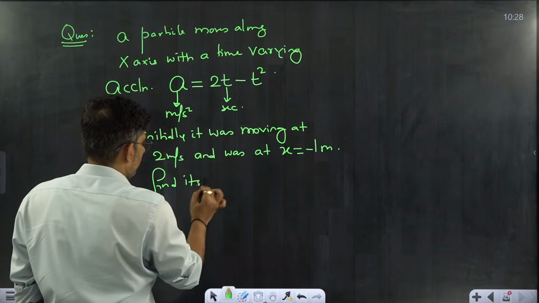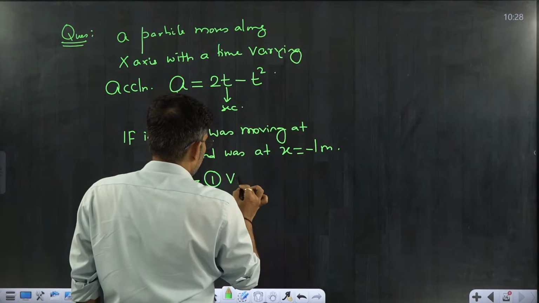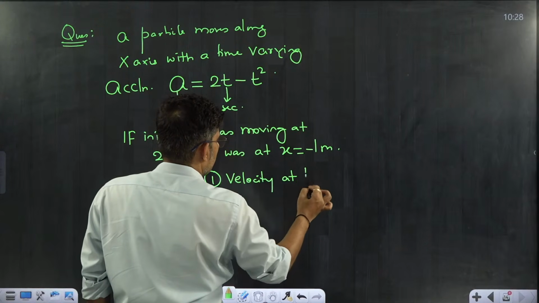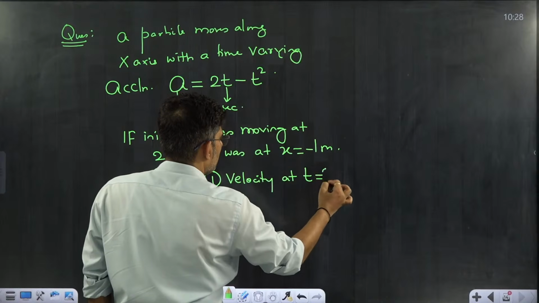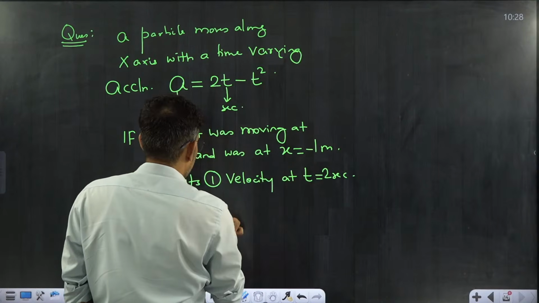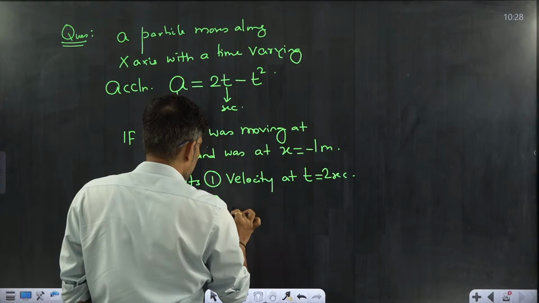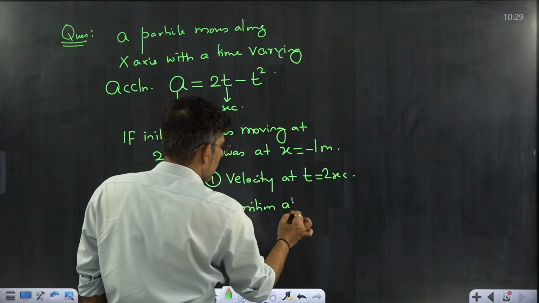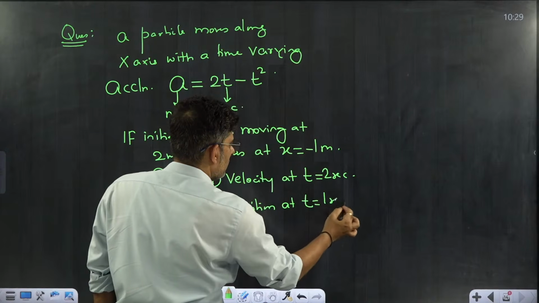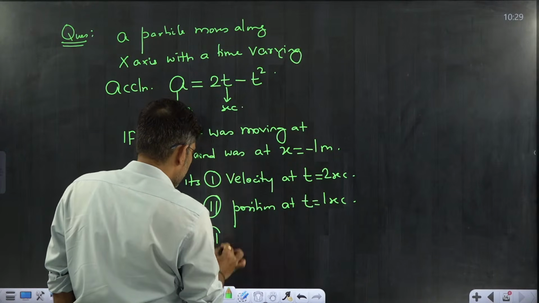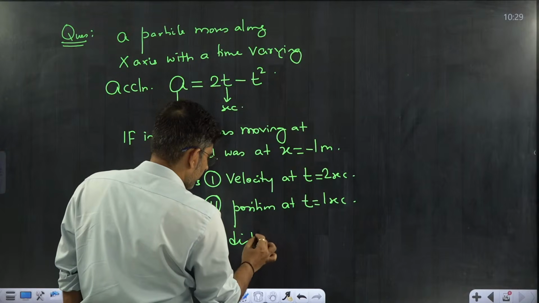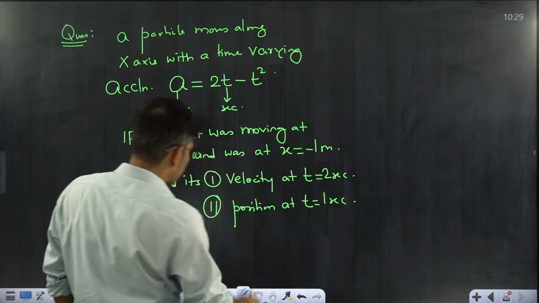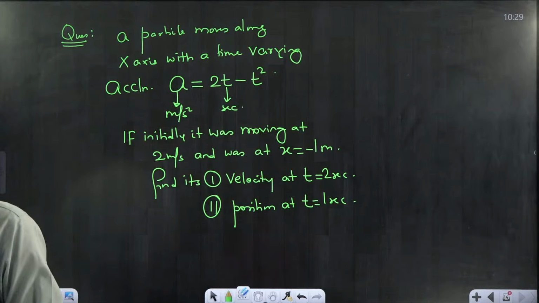Find, number 1, the velocity at t equals 2 seconds. Number 2, the position at t equals 1 second. Number 3, or leave it, the position we can find later.